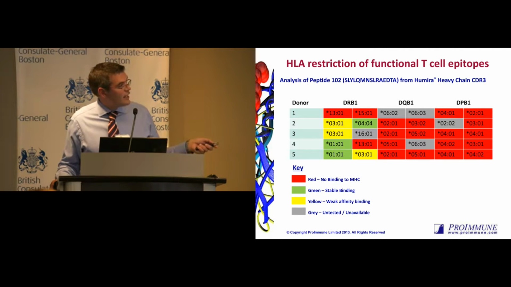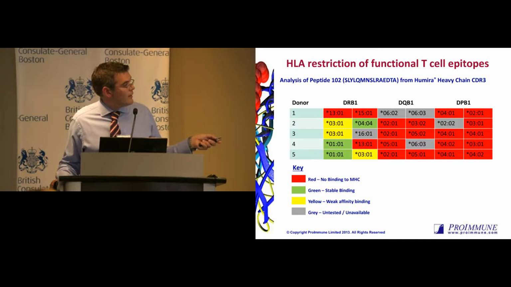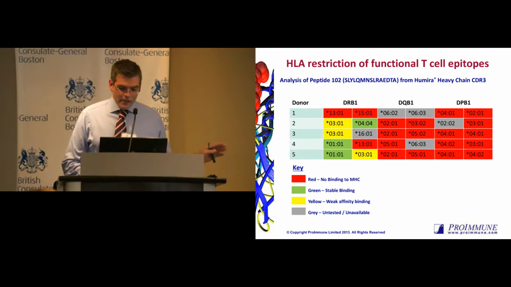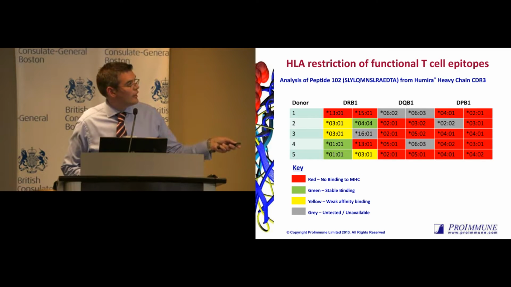So red is no binding, grey is not tested because that allele wasn't in our panel, and yellow is weaker affinity binding. Interestingly enough, this particular peptide is clearly DR restricted and probably not DQ and DP restricted.